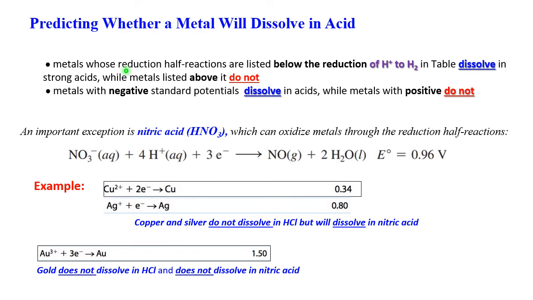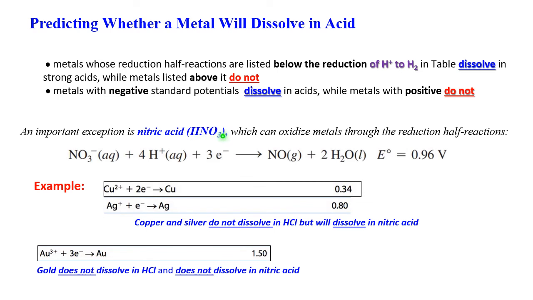So metals whose reduction half reactions are listed below the reduction of H plus to H2 will dissolve in strong acids. Metals listed above it do not. Now, who is listed below? Metals with negative standard potential, below 0. We can say exactly the same statement: metals with negative standard potential will dissolve in acids, and metals with positive will not.